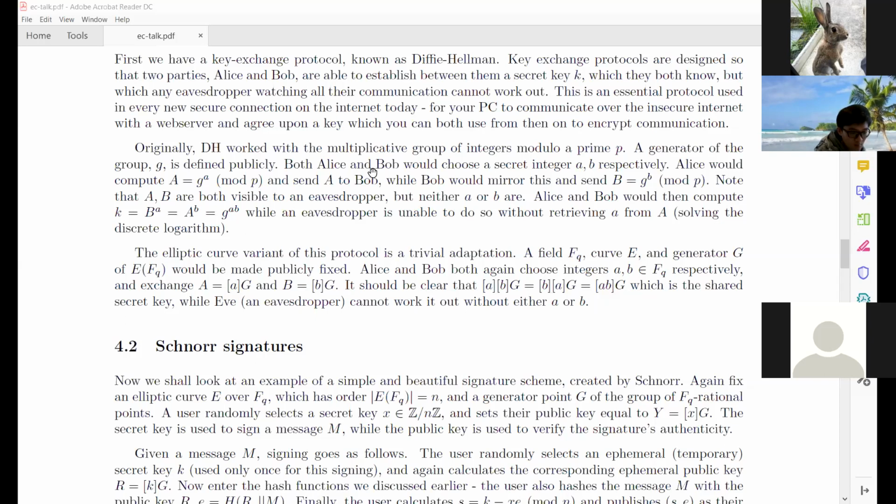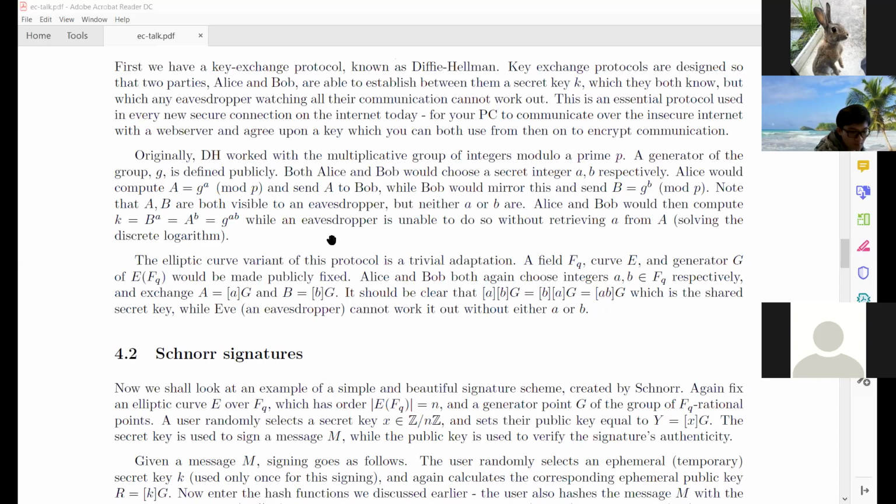That's how it works. And the idea is that Eve can't compute the shared secret key while they both can. And the reason we use elliptic curves here, like I mentioned earlier, is that compared to the size of the numbers that you would need to use for security in the normal classical integer case, down here the field size might be 256 bits or something. So these numbers A and B can be a lot smaller than they were up here.